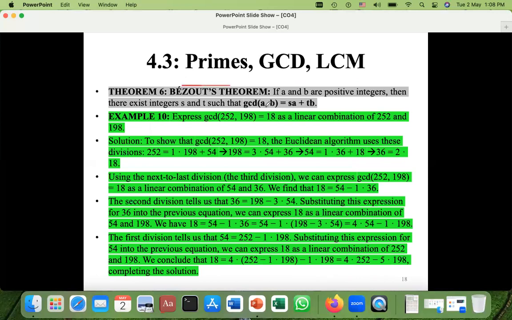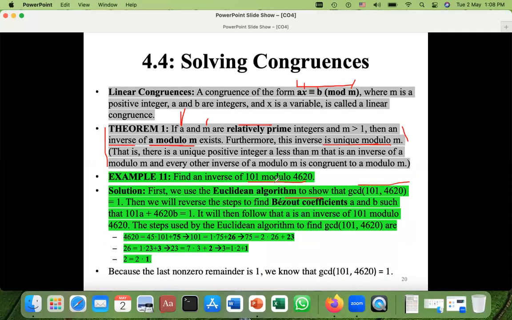If you have two integers a and b, then the left hand side is equal to this right hand side, where a and b are the numbers, and s and t are the extra integers that you will get, like here, 4 and 5 for s and t, according to the previous lecture.